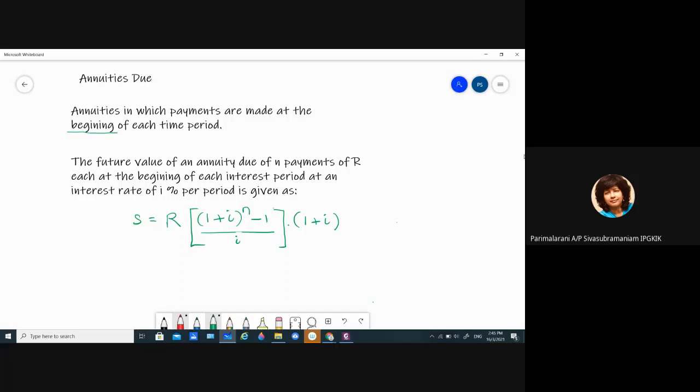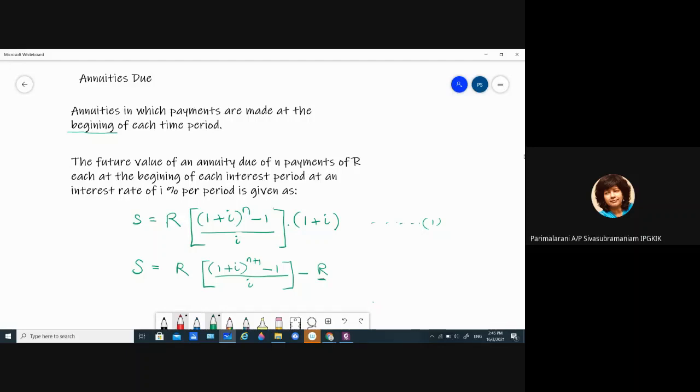There is another formula that you can use also. This is formula 1, or there's another formula for finding the future values of annuities due. It's 1 plus I to the power of n plus 1 minus 1 over I, minus R. So you have minus R here, you're minusing 1 month of installment.